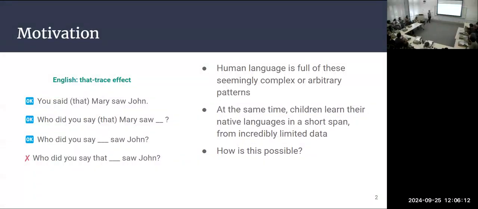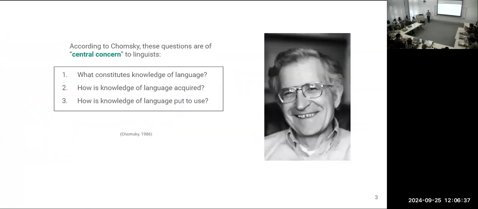Children are only seeing a very limited swath of what's actually allowed in their language, and yet they all achieve really high competence very uniformly. So human children are doing some amazing task of learning these complicated rules and patterns very quickly and with not a lot of data. So the big question here is, how are they doing it? How is this possible? And this is something that has occupied linguists for decades.